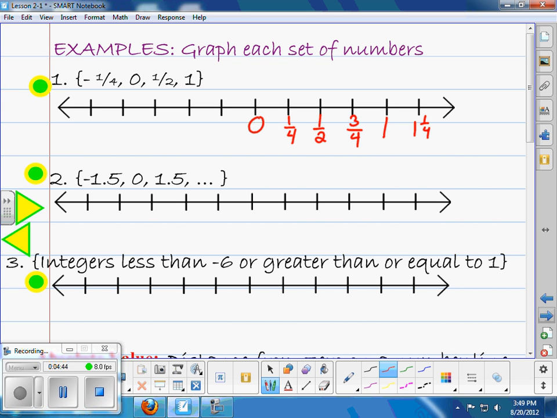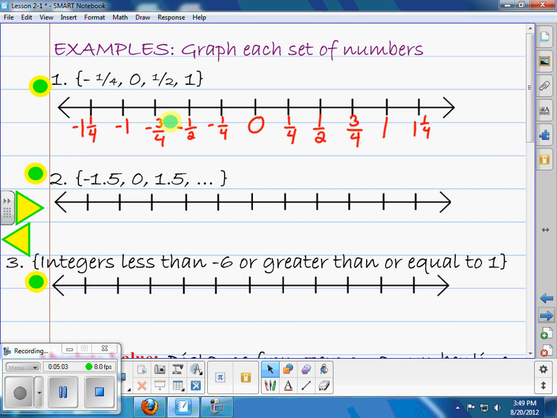To the left of 0, we mirror the exact same numbers, except they're negative. -1/4, -1/2, -3/4, -1, and -1 1/4. Then we place our points on our tick marks.